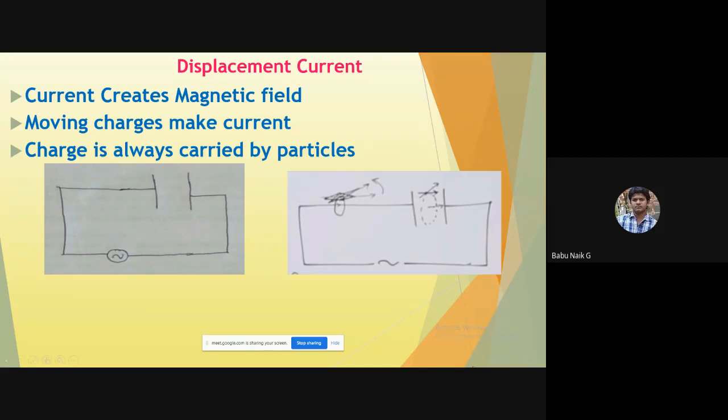That time it was a big question, and then later he considered the closed line integral, Ampere's circuital law.